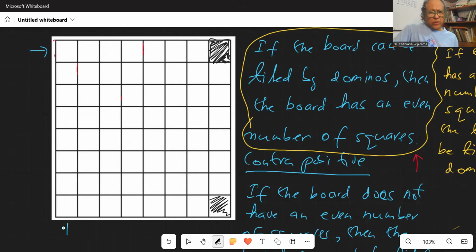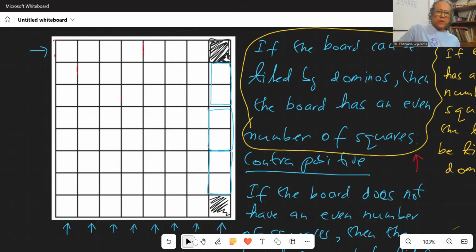This column can be tiled, this can be tiled, and so on, and even this column with 2 squares removed can be tiled because it now has 6 squares. Here we can lay out the tiles like this, and using 3 dominoes, we can tile this column. So that means that this board can be tiled.